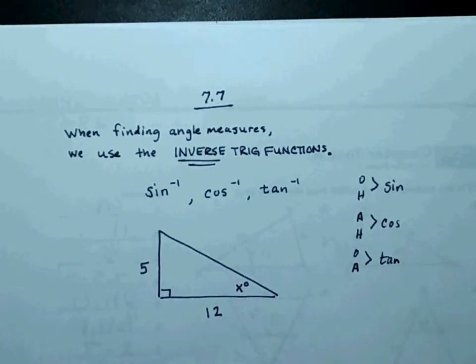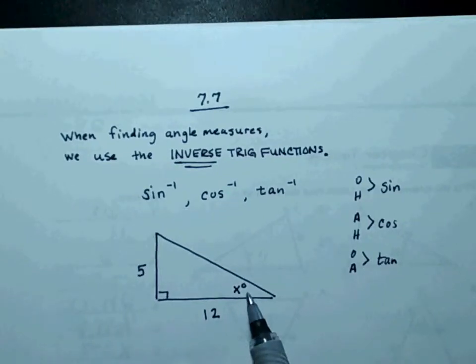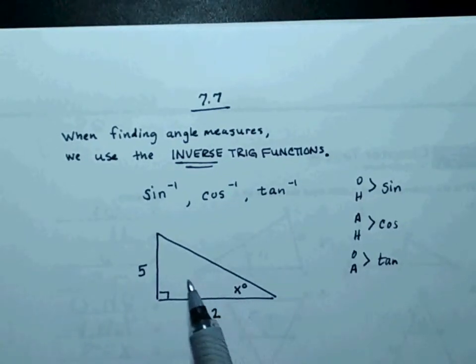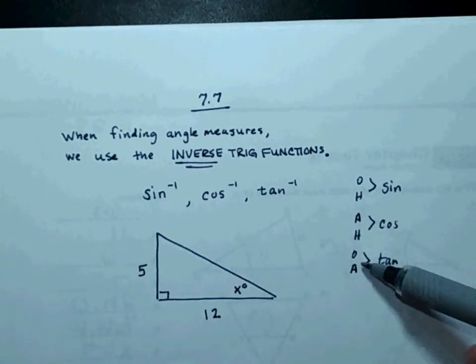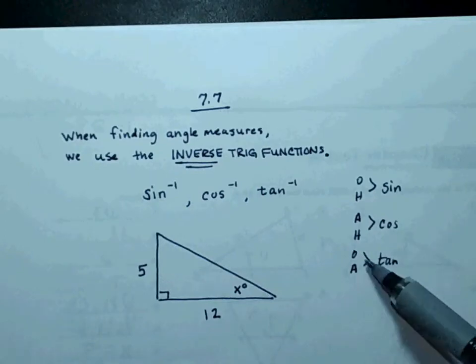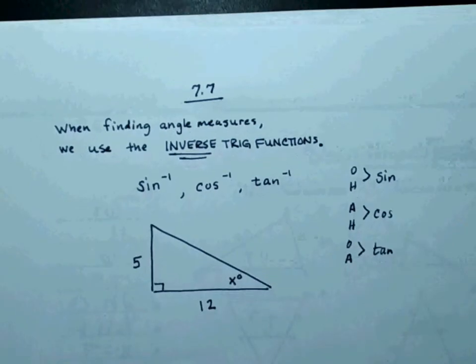Which two sides do we have in relationship to that angle? Right, and if we look, we will see that we have the opposite side and the adjacent side. So because I have the opposite and the adjacent, I'm going to use tangent, because tangent is opposite over adjacent.